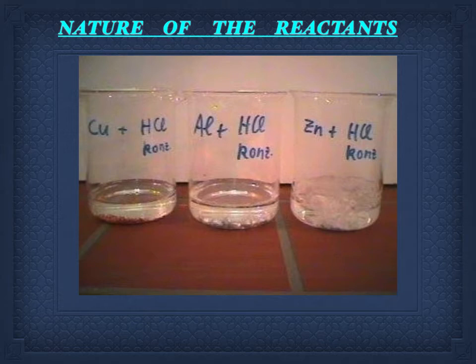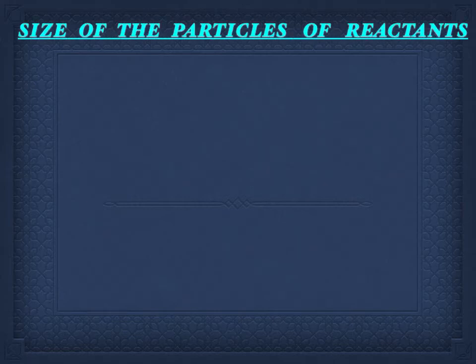So we can say that aluminum is more reactive than zinc, and zinc is more reactive than copper. So the reactivity of reactants influences the rate of chemical reaction. Now second, we shall see size of the particles of the reactants.